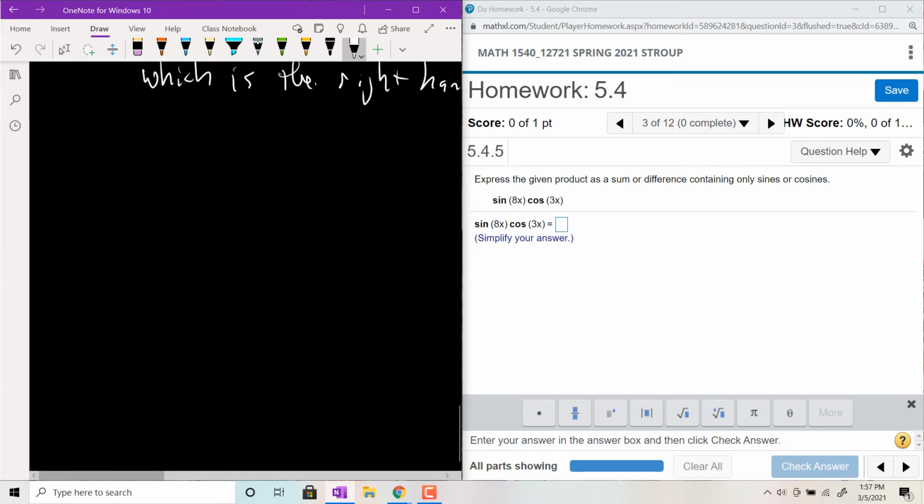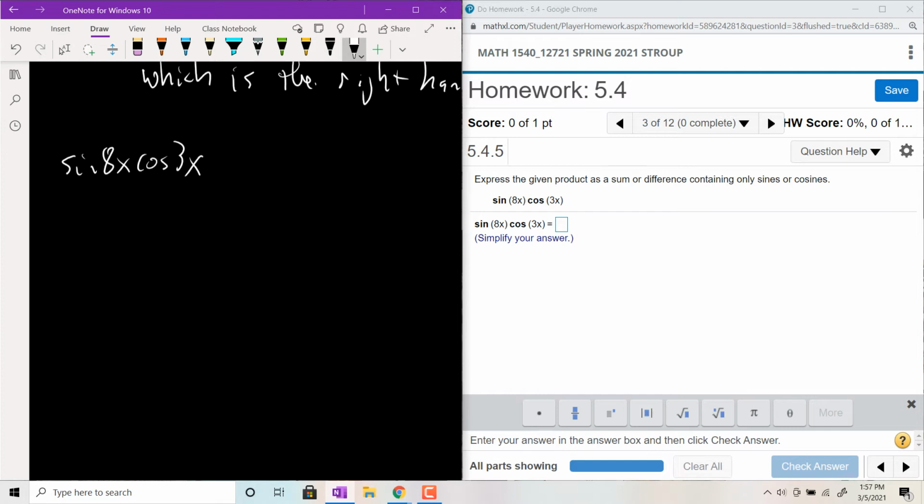Okay, so sine 8x cosine 3x. If you go back to that first set of formulas, so I basically gave you two sets of formulas today. If you go back to that first set, you look for sine, cosine, right? So that will be formula 3. And if you expand it, you'll end up with 1/2. And I'm just going to go ahead and distribute the 1/2, right? Usually the 1/2's on the outside. I'll distribute it.